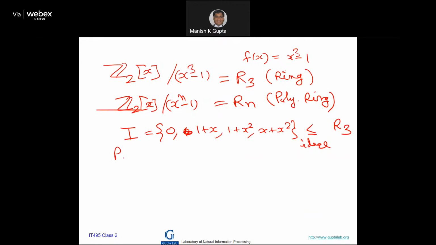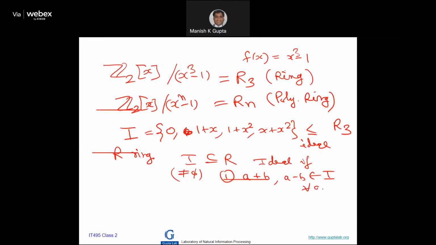So now I should give you a definition. If R is a ring, a non-empty subset I of R is said to be an ideal if, number one, a plus b and a minus b belong to I for every a, b belonging to I. If I take two elements of the set I, or C here, whatever you call it, and add or subtract, the result should be in the subspace. Second, r times a belongs to I for every r in R and a in I. It means it's closed with respect to multiplication.